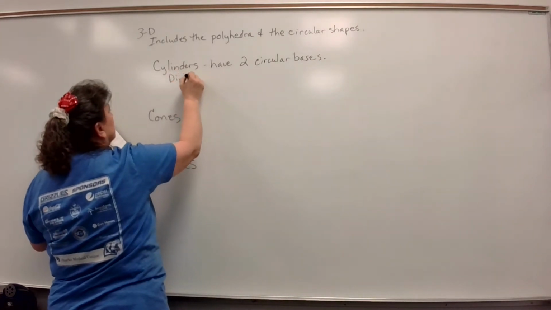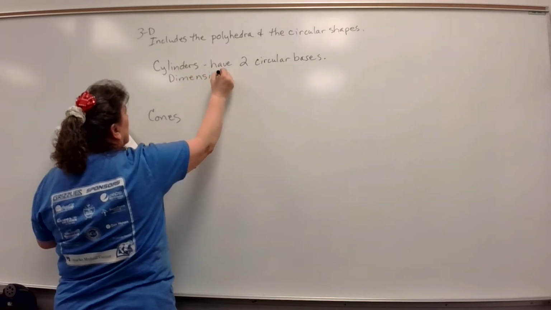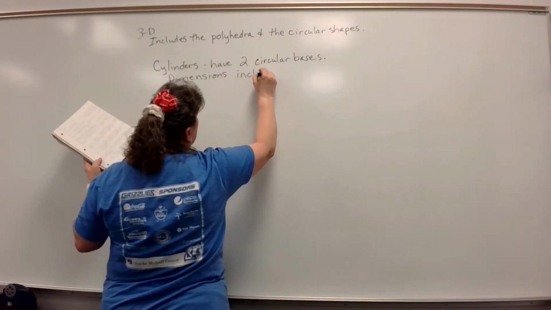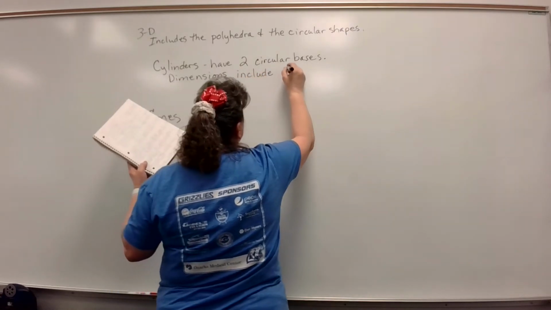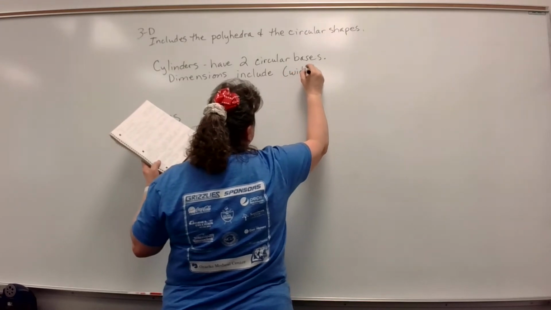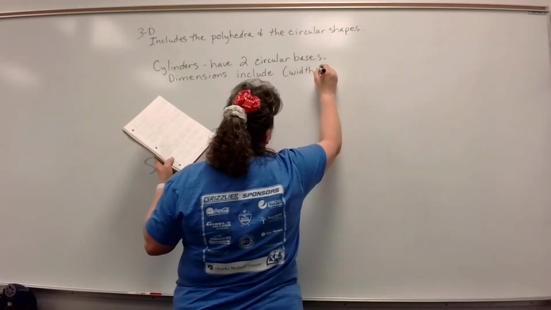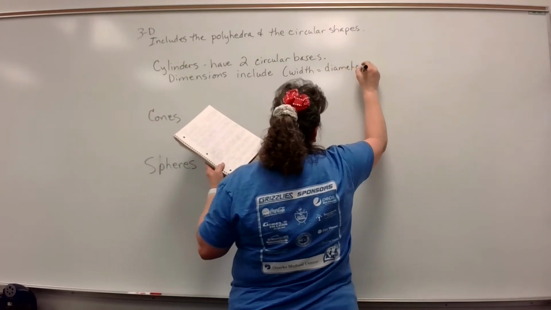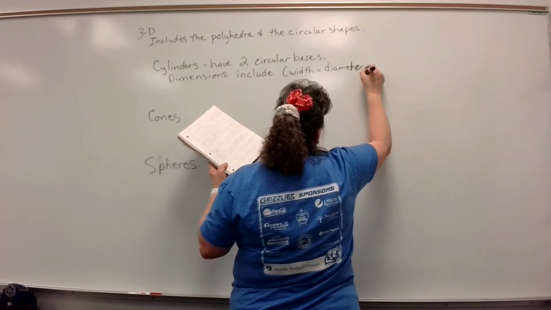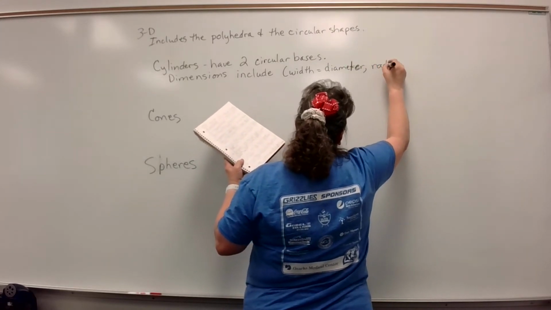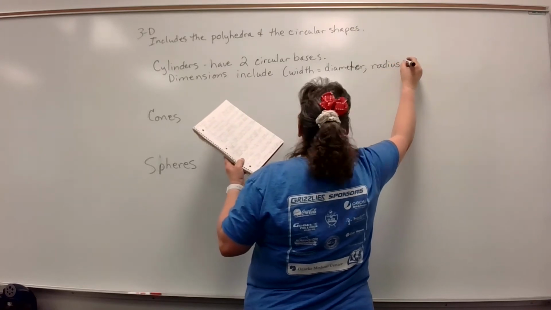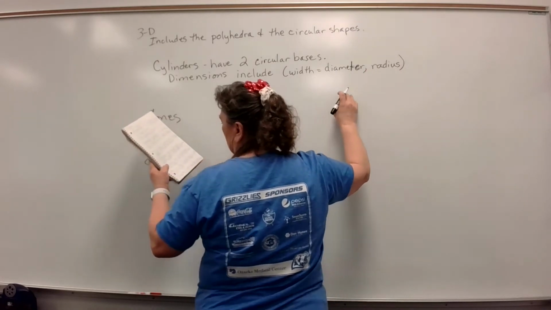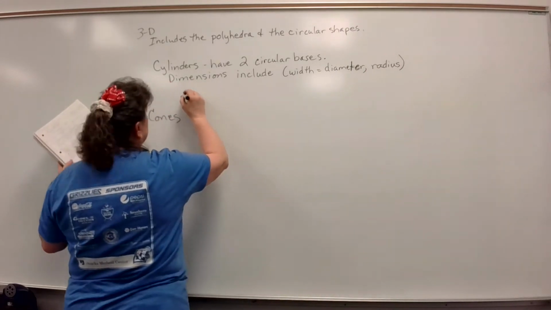Dimensions include width, which would be called the diameter, and then half that would be radius, because you're going to use maybe both of them, width, radius. Remember, diameter is all the way across, and radius is half of it, and then height.